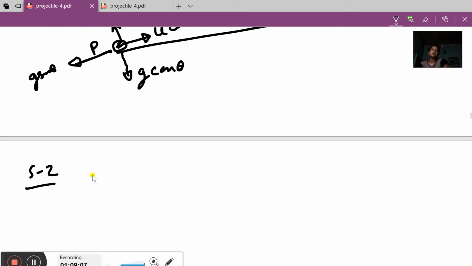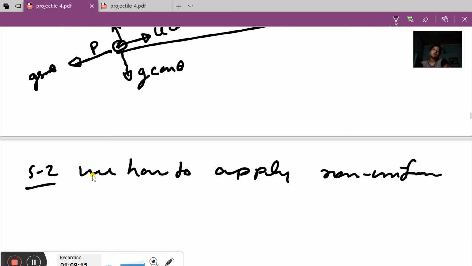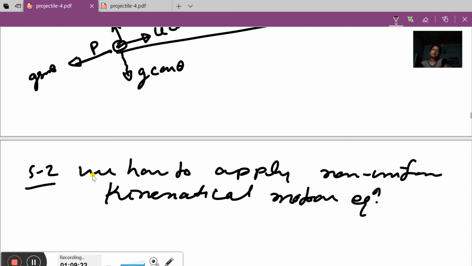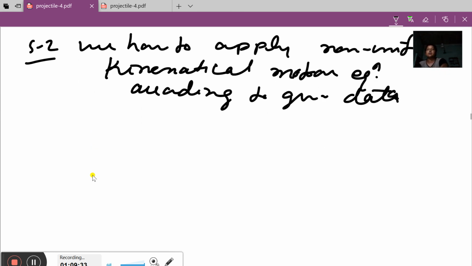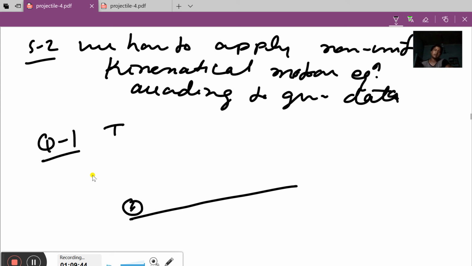Second step, we have to apply non-uniform kinematical motion equations according to the given data. Suppose we have to calculate the time of flight.